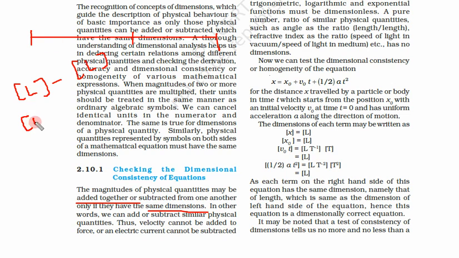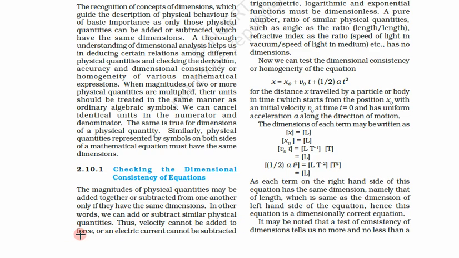If we have mass, we cannot subtract length from mass. This is not correct. In other words, we can add or subtract similar physical quantities. We can add lengths, or mass can be added to mass, but we cannot add length to mass.